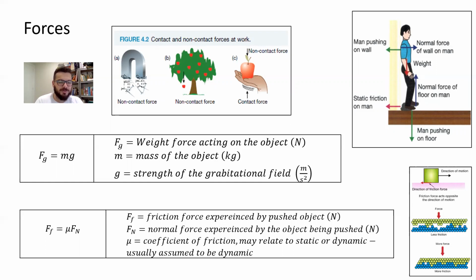It's denoted by this Greek letter mu, which looks like an odd U. That is just an empirical value that relates to different surfaces and how difficult it is for them to slide past each other. It's usually some small number, it deals with the ratio of the forces acting between two objects, but they're usually given to us.